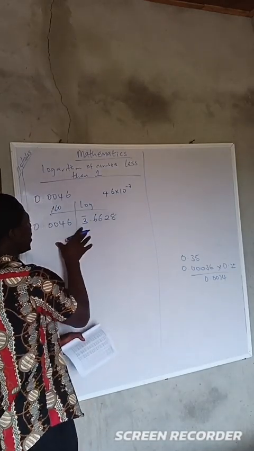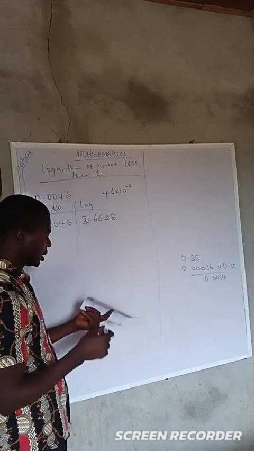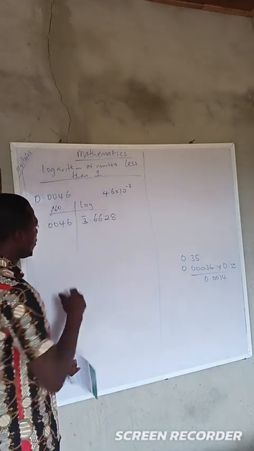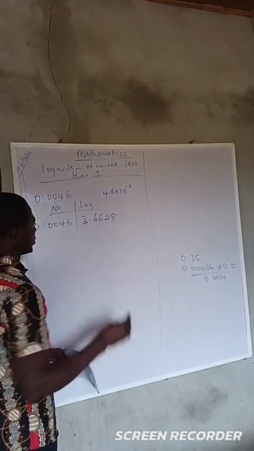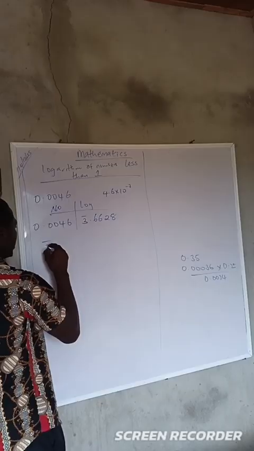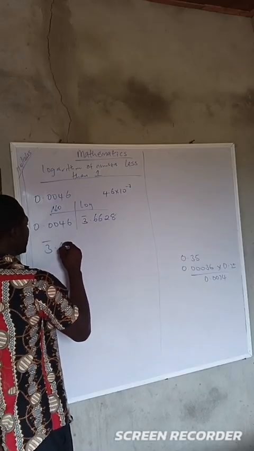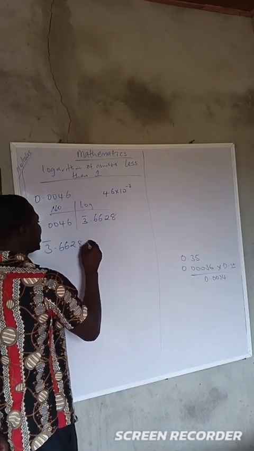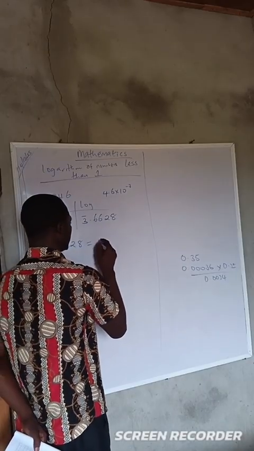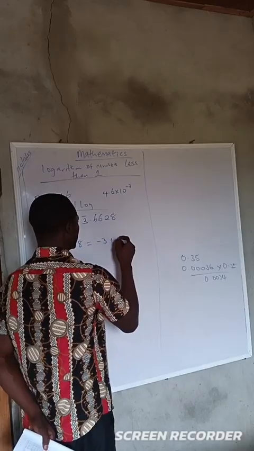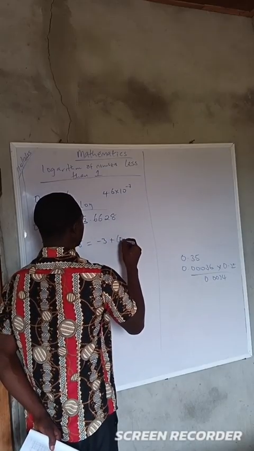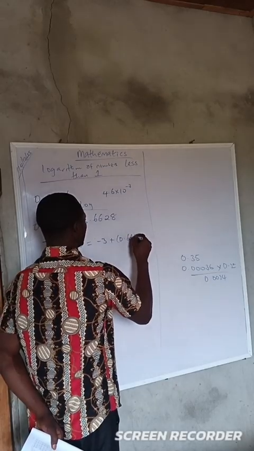So this is the same thing as bar 3.6628. This bar 3.6628 is the same thing as minus 3 plus 0.6628.